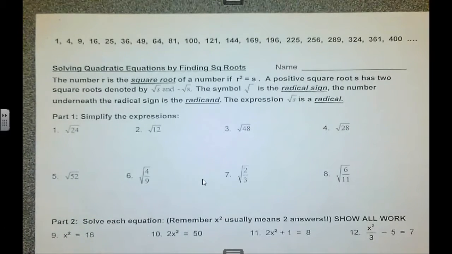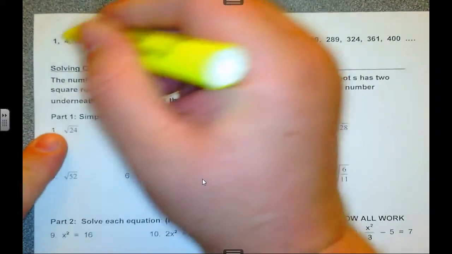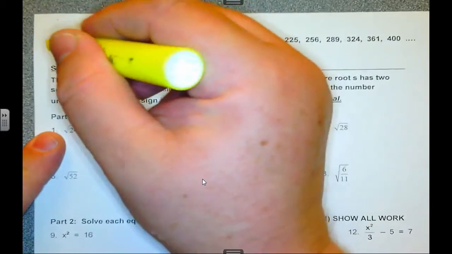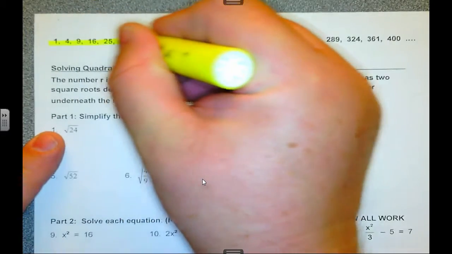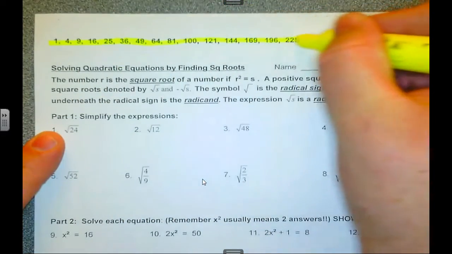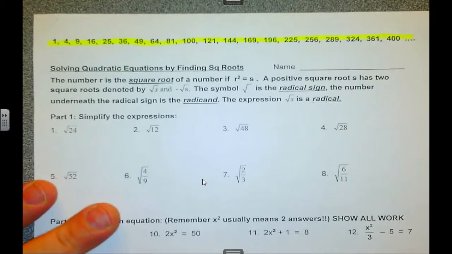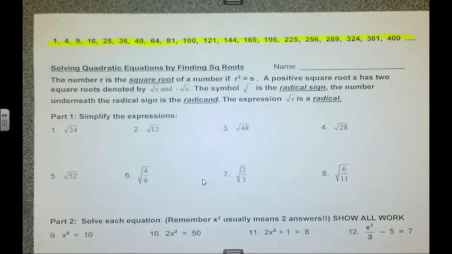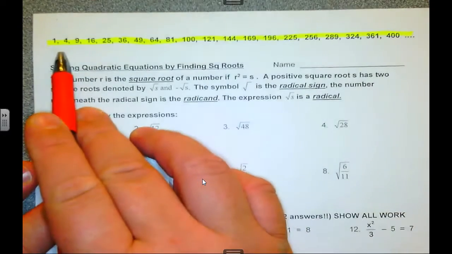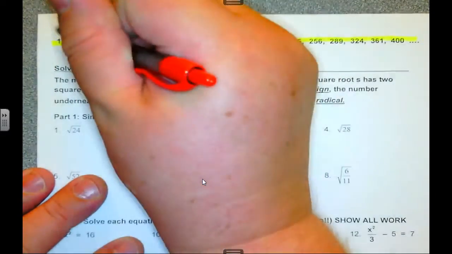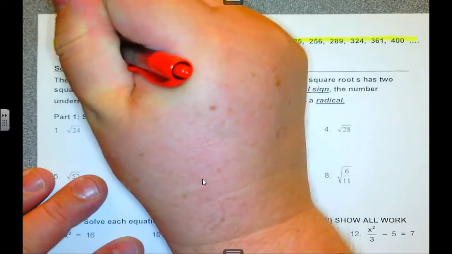Okay, so your perfect squares are up on top. You also have this in another place, on your chart. These are the perfect squares because they're just those numbers squared.